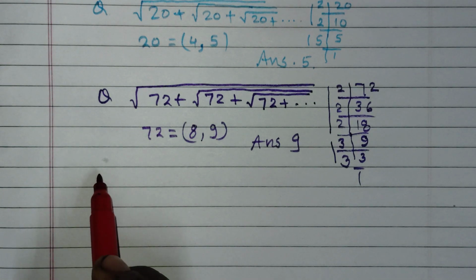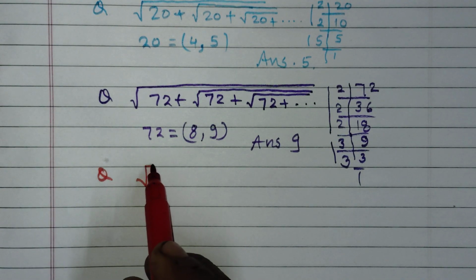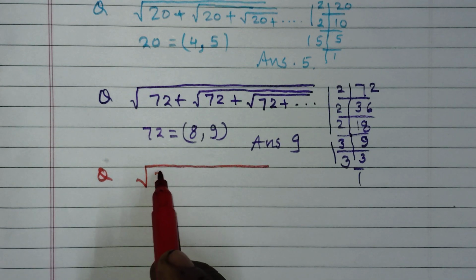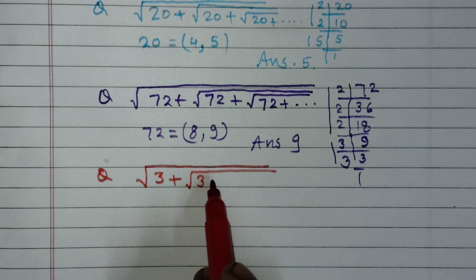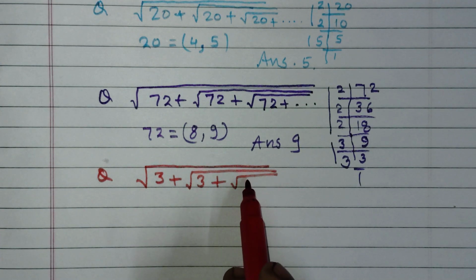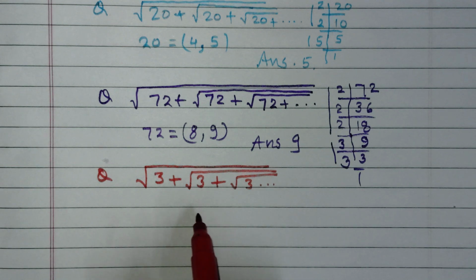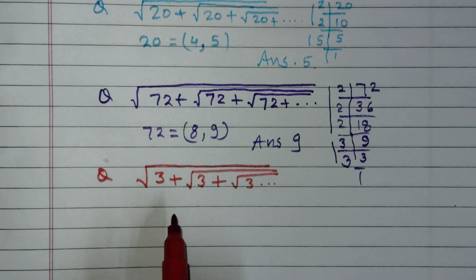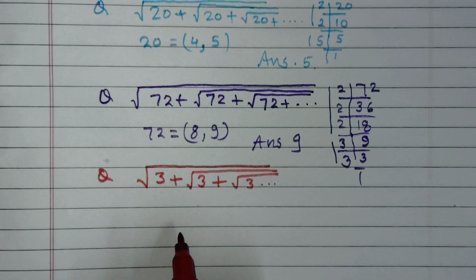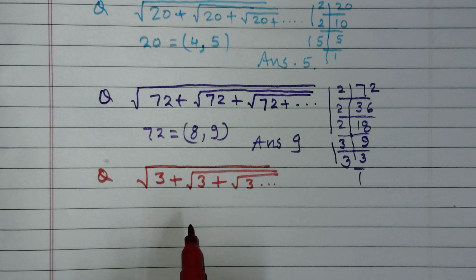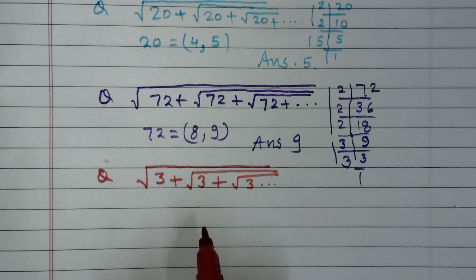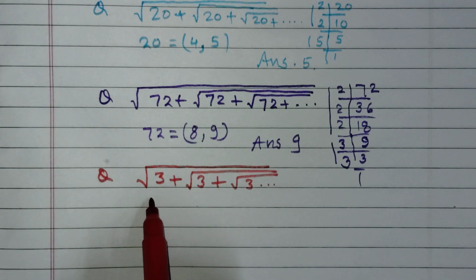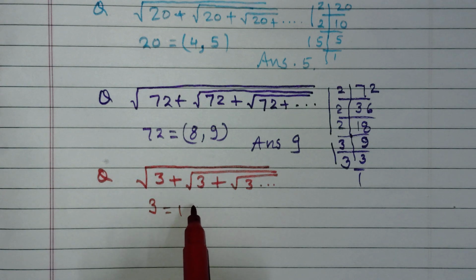This is a different question, and we see there is square root 3 plus square root 3, then plus square root 3. We know that 3 has factors only 3 and 1, which have a difference of 2.